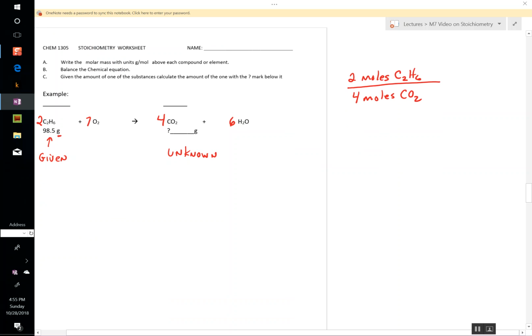The roadmap for solving this problem is to take the grams of C2H6 and convert it into moles of C2H6, convert that into moles of CO2, and then calculate the grams of CO2. And that would actually be our answer. That's what this question is asking us.